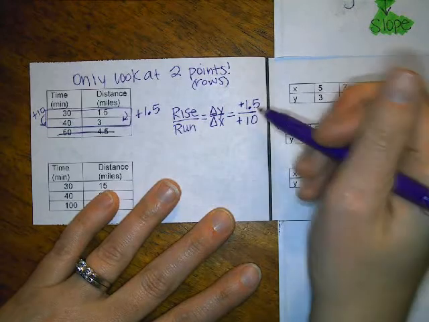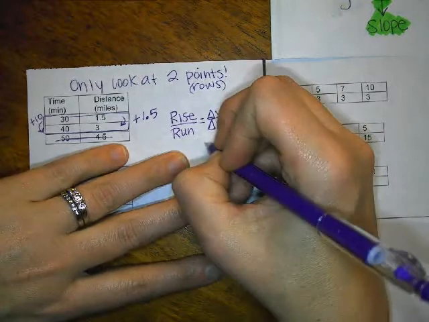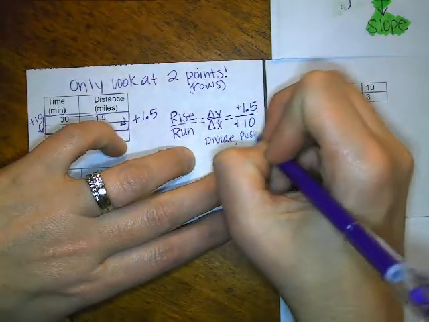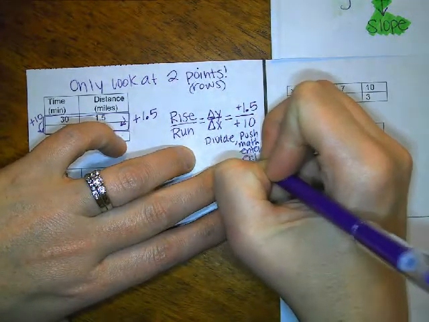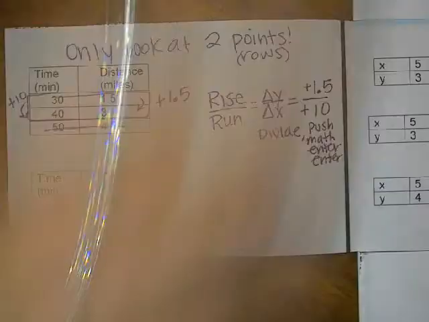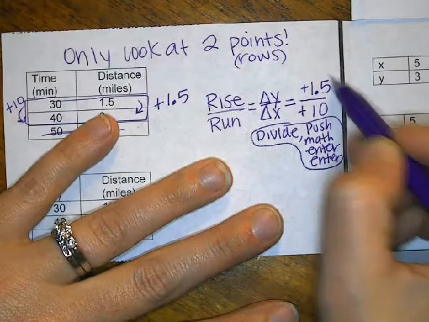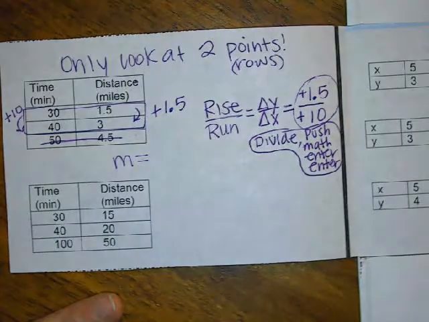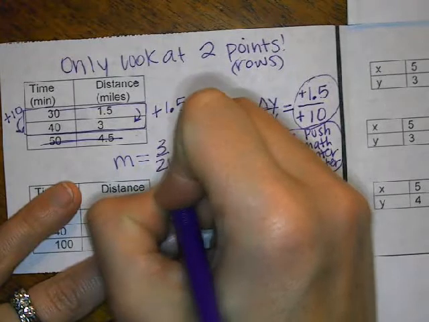And then on our calculator, we're going to divide this and then push math, enter, enter. That's going to get you your simplified fraction. When I divided and pushed math, enter, enter, I got 3 over 20.